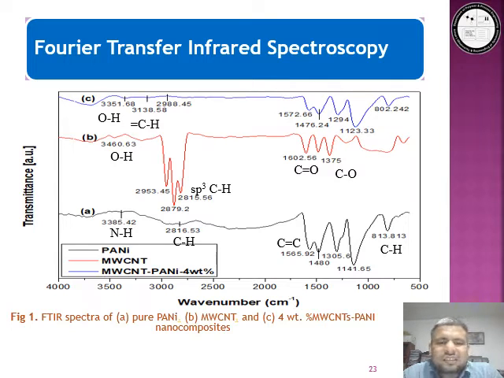While the band at 1602 and 1375 is assigned to C double bond O stretching vibration and C single bond group. If you see the spectrum of nanocomposites, peaks at 3138 and 3351 are attributed to CH and OH bond respectively.